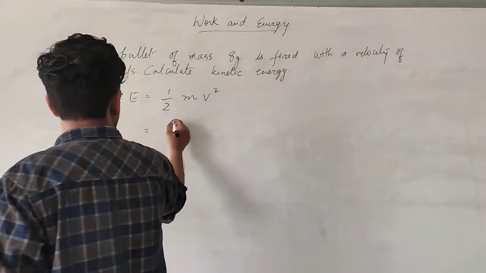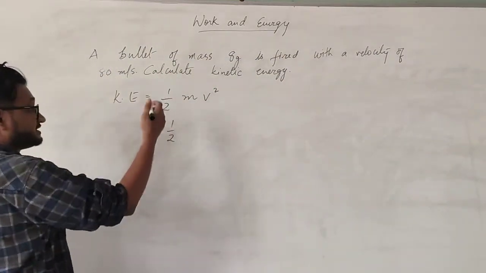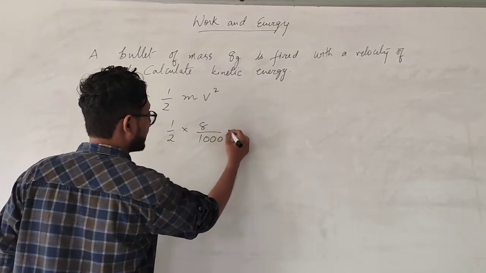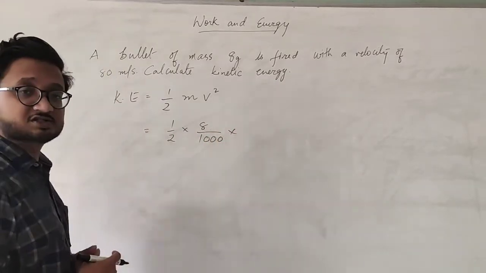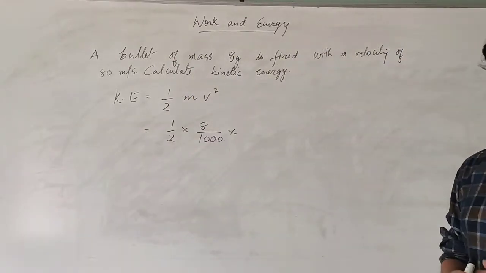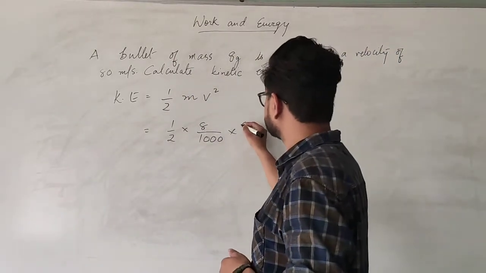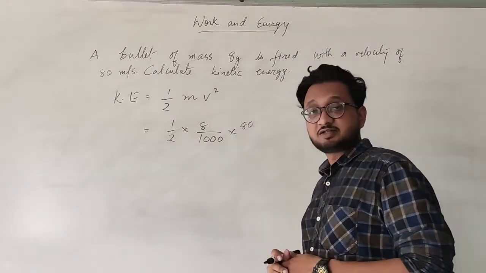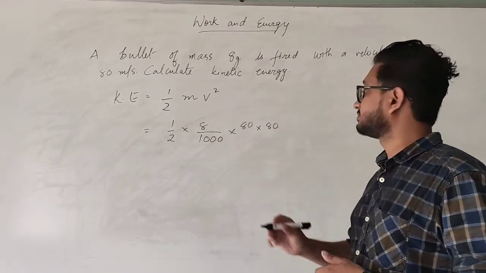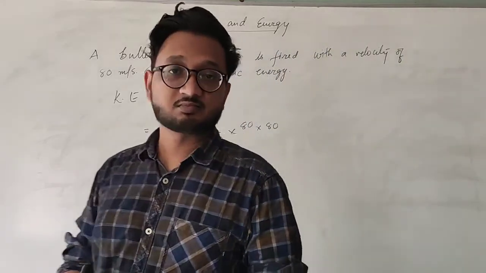So simple, half, mass is 8 grams, so 8 upon 1000, into velocity. Now velocity is already in meters per second, so you just need to substitute 80 and it is square of 80. So multiply 80 into 80.